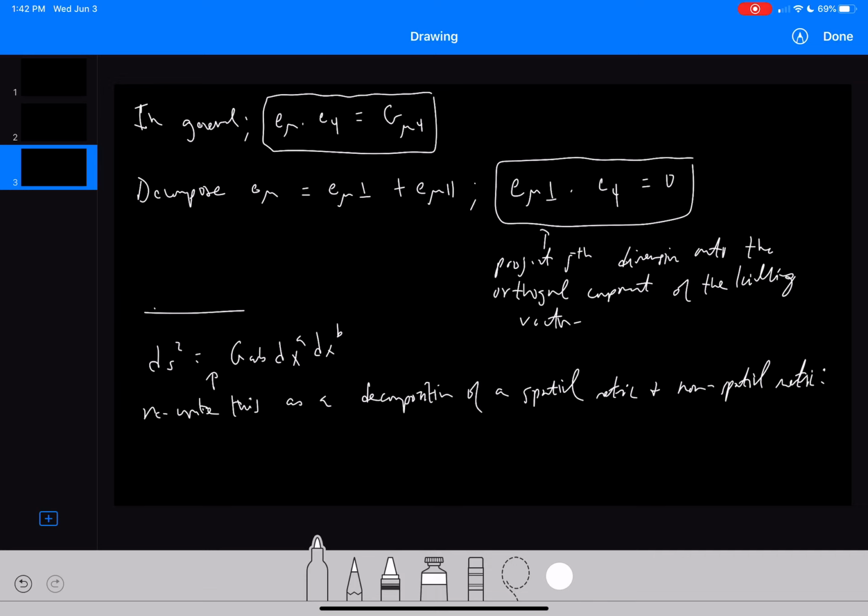It's kind of like doing a 3+1 decomposition, but because we're in 5D here, it's not 3+1. You can think of it as decomposing into 4 spatial dimensions and 1 time-like dimension. So in general, we would write it like this. Let's write it as ds squared is equal to g mu nu dx mu dx nu.